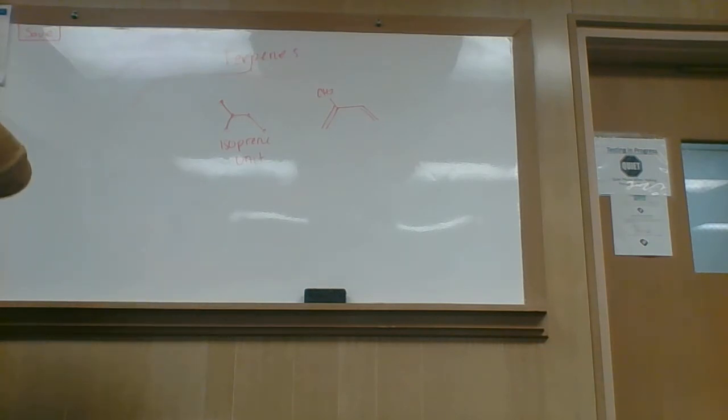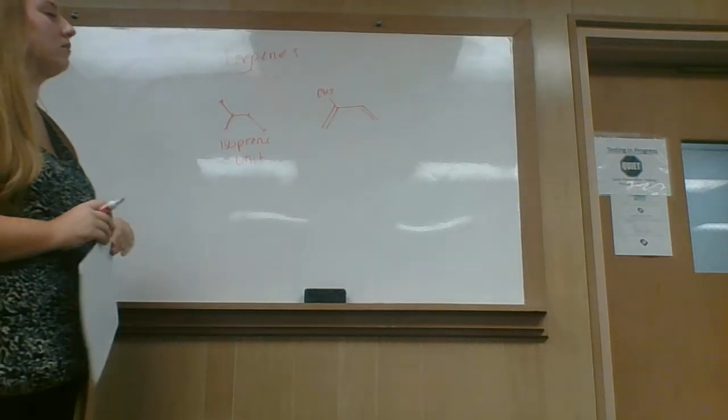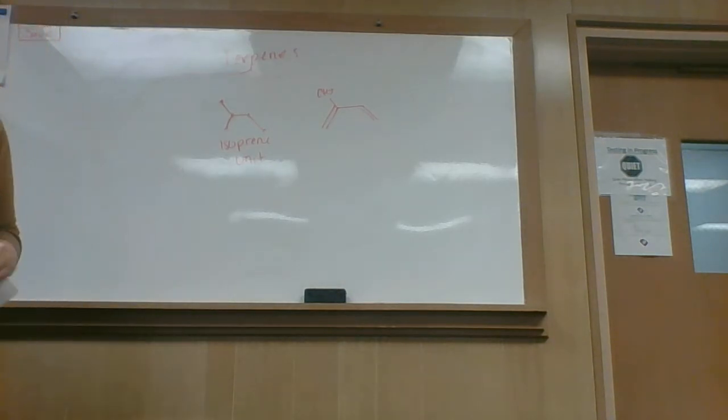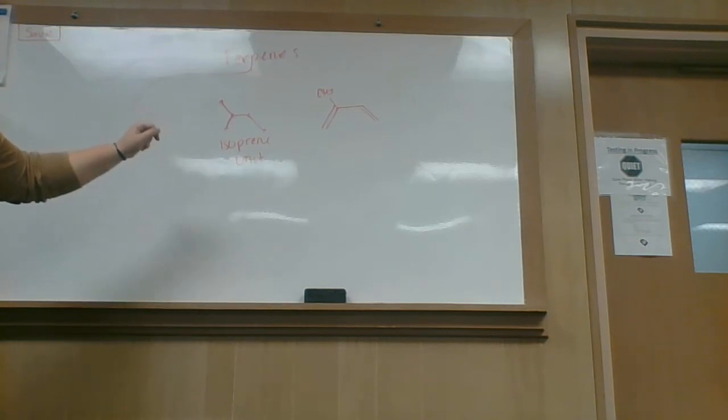In the past, I don't know if this is something he'll do, but he has asked for an example of a terpene. Okay, so like Taxol, camphor. I think he named a few others. Because he asked us, he wanted us to name a natural product of a terpene.